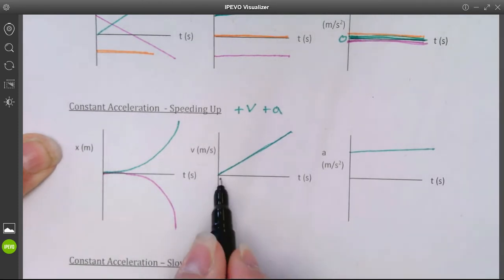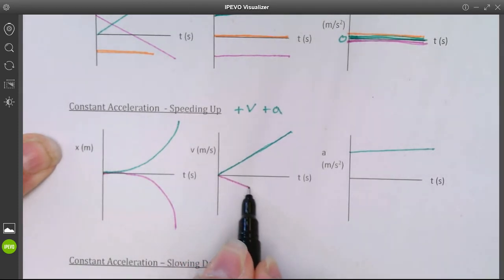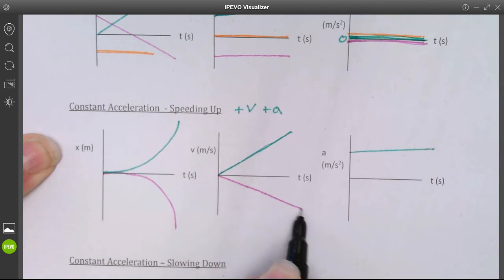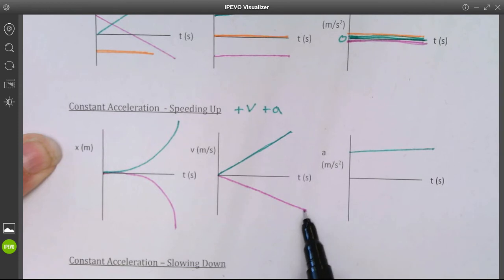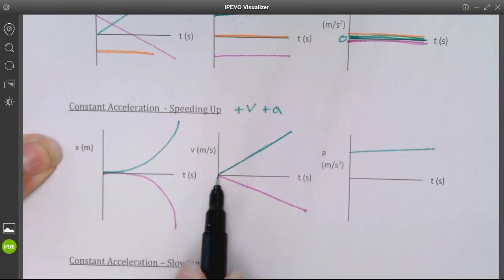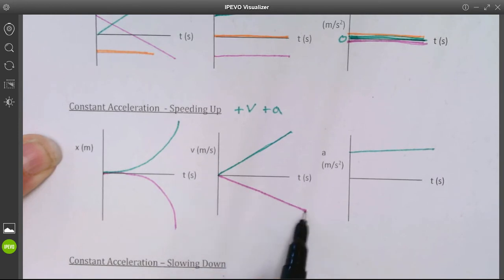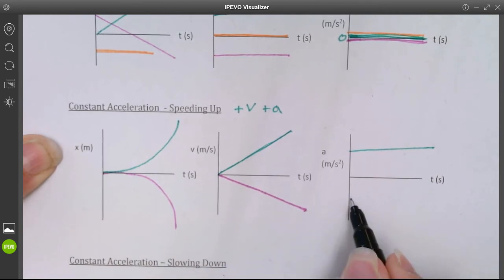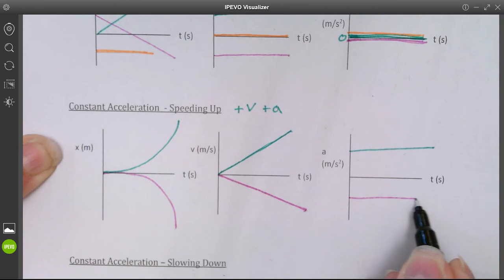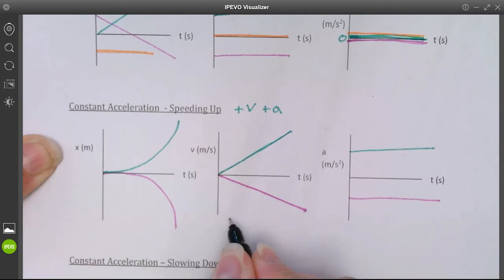So if we're speeding up in the negative direction, I'm going to have a negative velocity, and the value of our velocity is going to get bigger as time goes on. It's going to get farther away from 0. And we got this nice negative sloping line here, and my acceleration is going to be negative. So we can see also if we are speeding up but in the negative direction, we're going to have a negative acceleration.